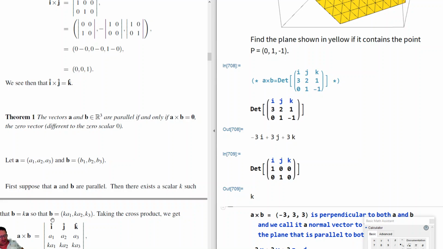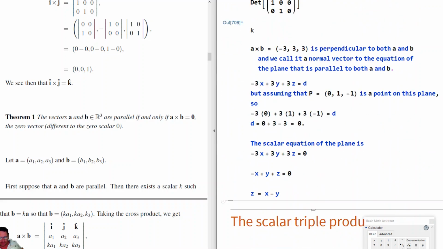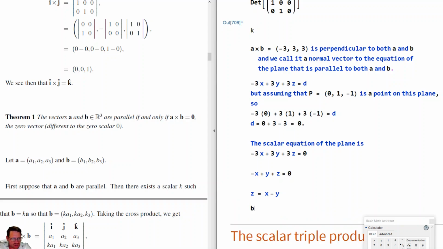So that B is equal to KA1, KA2, and KA3. I can see this is a typo, so let's note it down. So B equals KA1, KA2, and KA3.